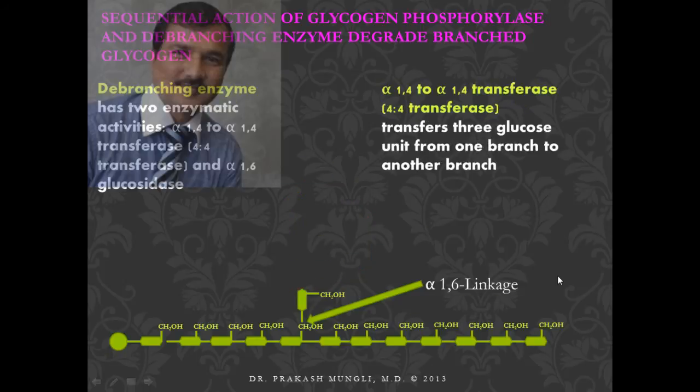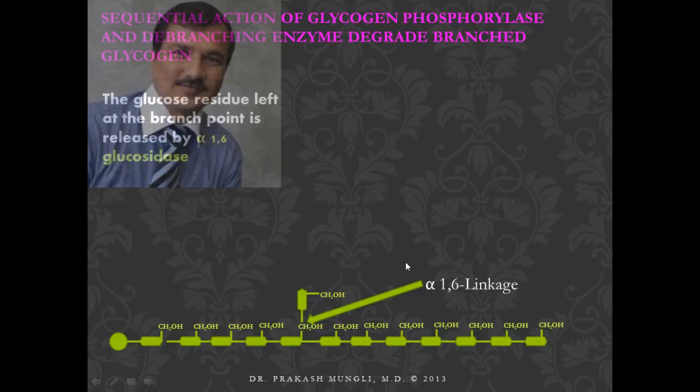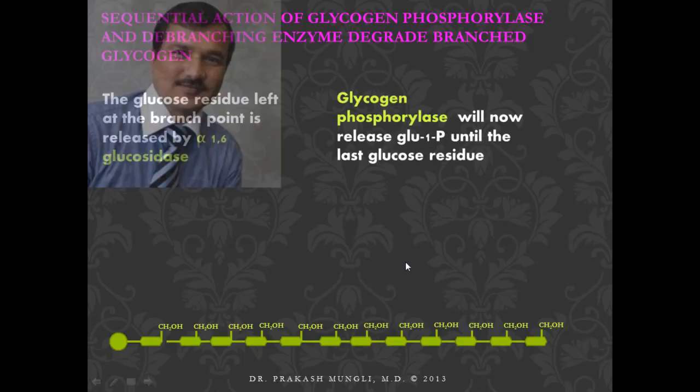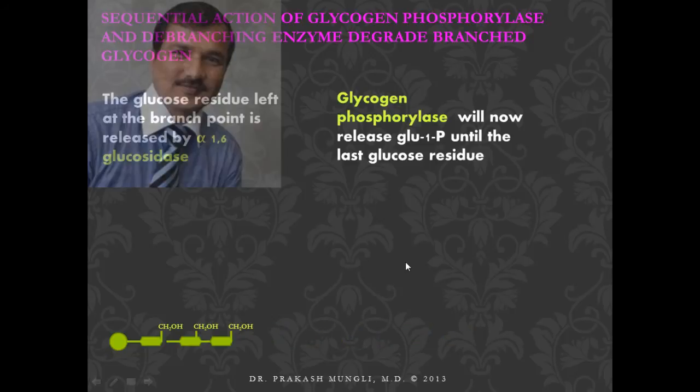Now the glycogen phosphorylase will come and remove 3 glucose residues from here, and alpha 1,6-glucosidase will come and remove the 1 glucose residue left here at the branch point. So alpha 1,6-glucosidase removes that. Now the glycogen phosphorylase will come and remove individual glucose residues and release them as glucose 1-phosphate. So this is the complete degradation of glycogen, and now you are left with only glycogenin.